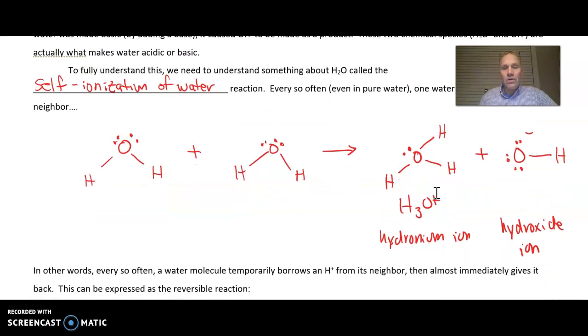The thing about this reaction is that it's reversible. So almost as soon as this one accepts an H plus from this molecule right here, it almost immediately gives it back.